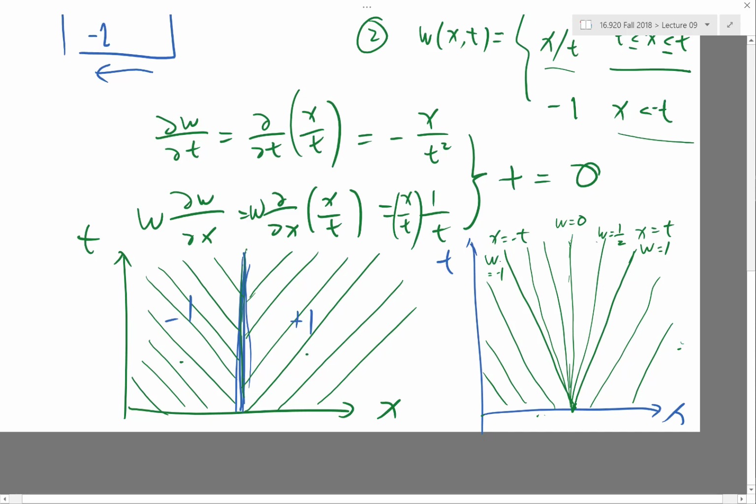Any questions on this part? Could you reiterate what the entropy condition is?